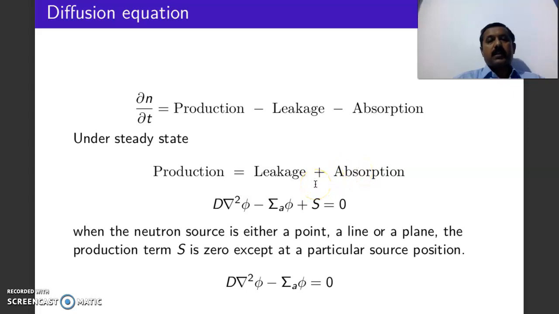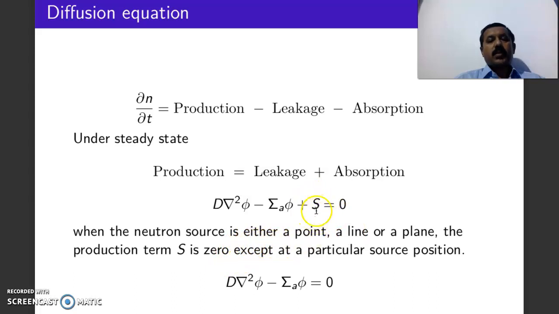If the source emitting neutrons is of point type or line type, or if it is a plane source, then the production term S is 0 except at the particular source position. That means except at the source position, at all other points S will be equal to 0.